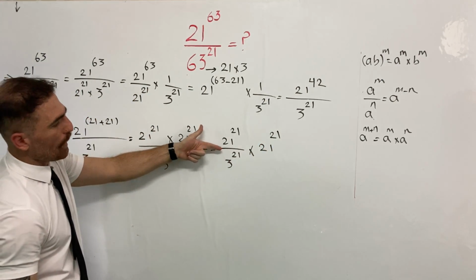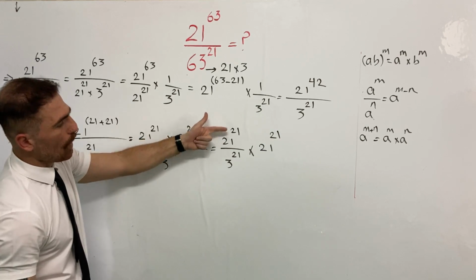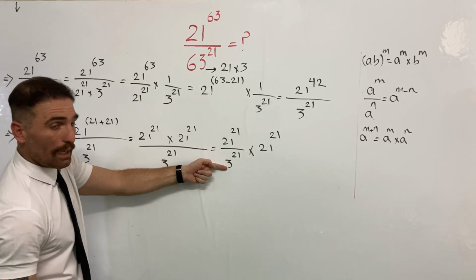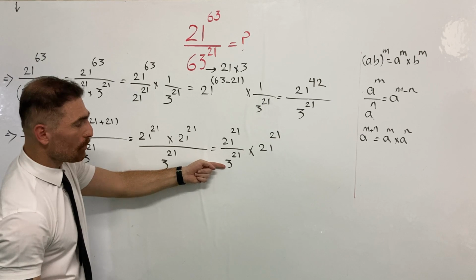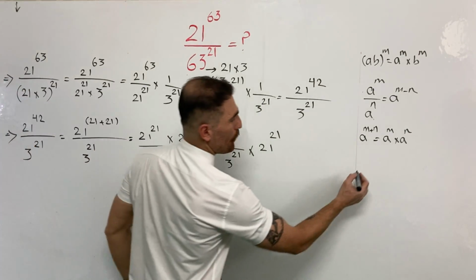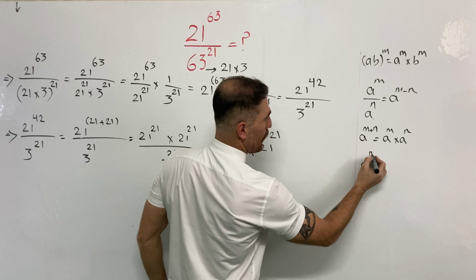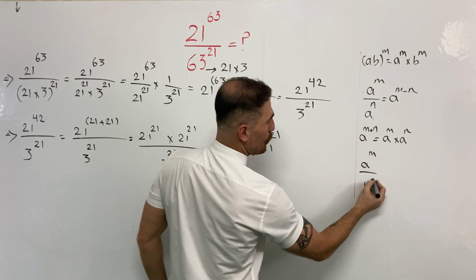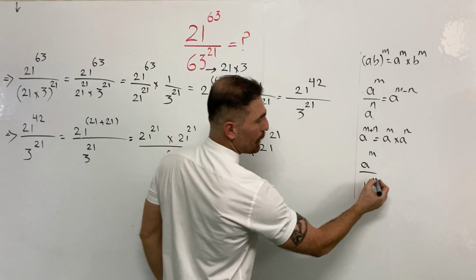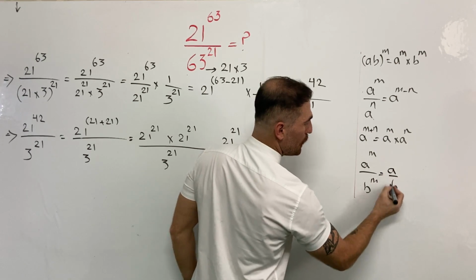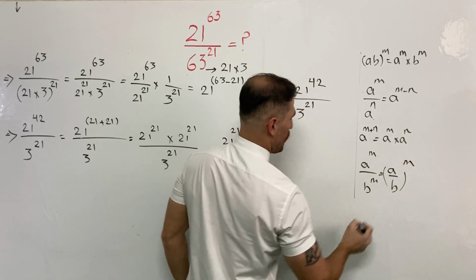What is this? A to the power of m over b to the power of m can be written in the form of a over b to the power of m.